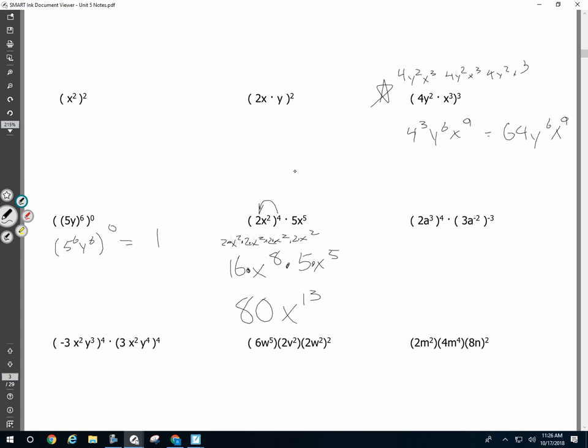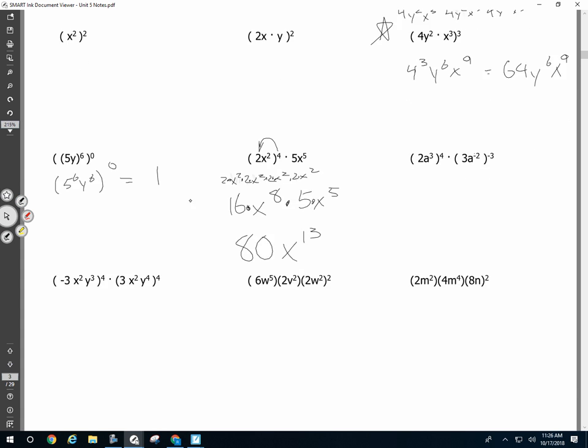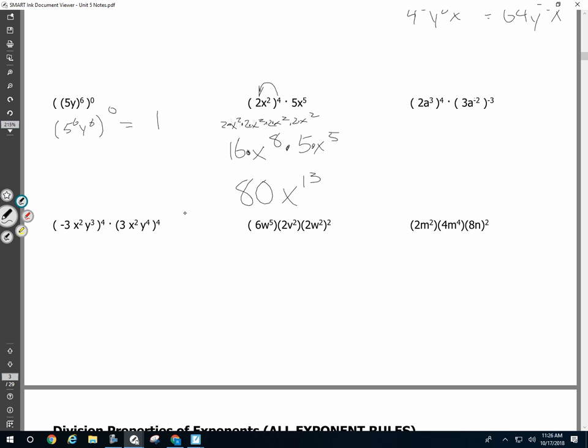Let's skip this one because it's got some negative exponents. Go here. Don't take 3 to the 4th or negative 3 to the 4th and compute it. Just write it out as 3 to the 4th, so that you don't have a ginormous number.